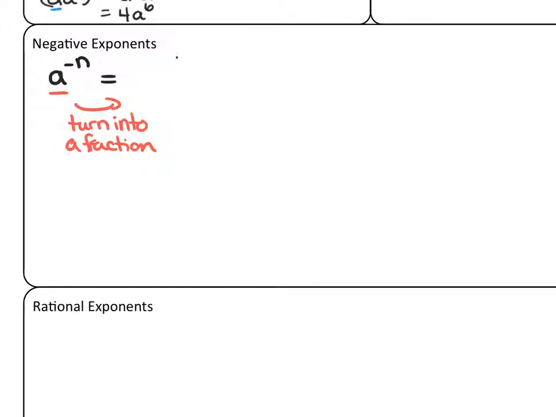So it will actually become 1 over a. So it becomes a fraction of 1 over that base, and then the exponent becomes positive.